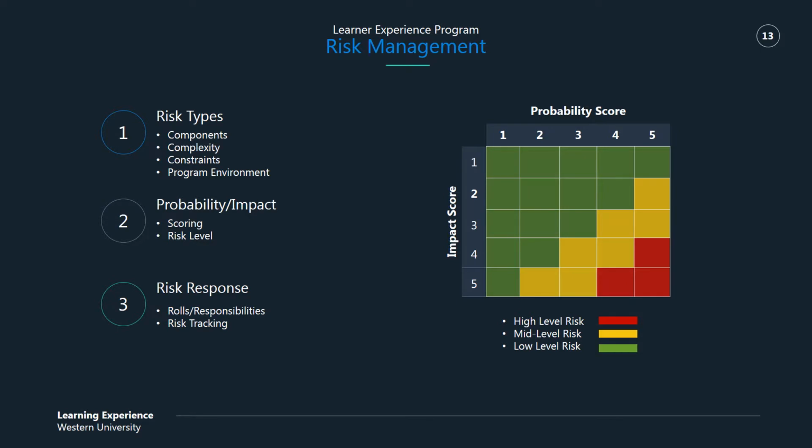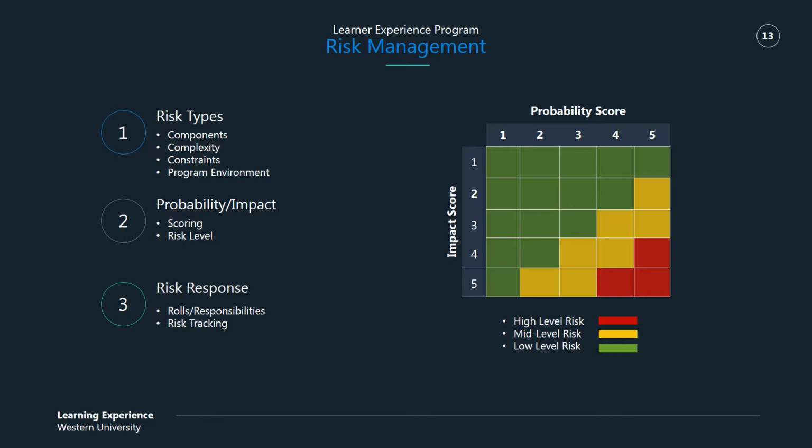For our probability score, they're also given a score of 1 to 5. The chances of it occurring go up by 20%. So if you had a score of 1, that means that the chances of that risk occurring are between 0 and 20%. Score of 2 between 20 and 40%, so on and so forth up till greater than 80%.